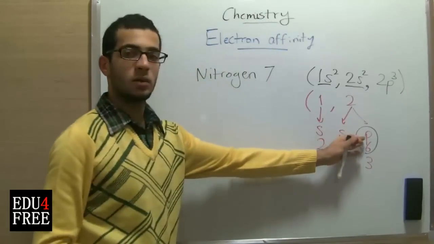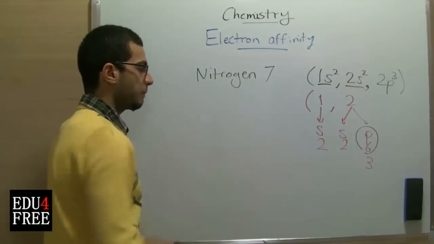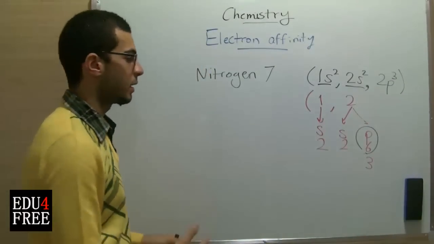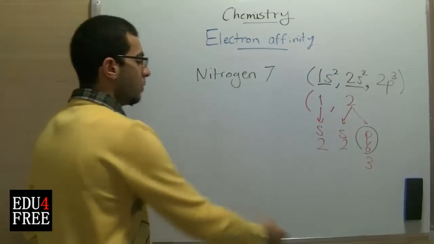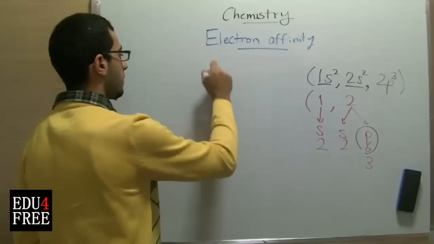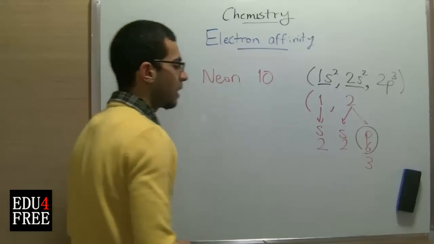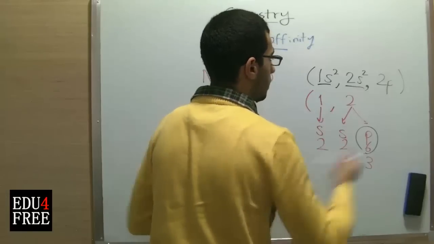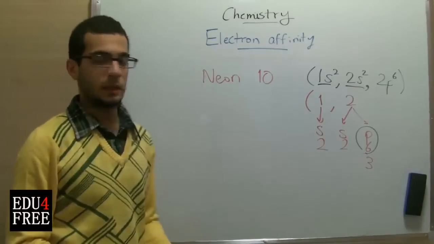This is half the amount of electrons in the p sublevel, and this moves a step forward to stability. This gives the atom more stability because the p sublevel is half filled. Now when we go to neon, which contains 10 electrons and is an inert gas or a noble gas, the p sublevel is completely filled. So this gives the atom the most stability.